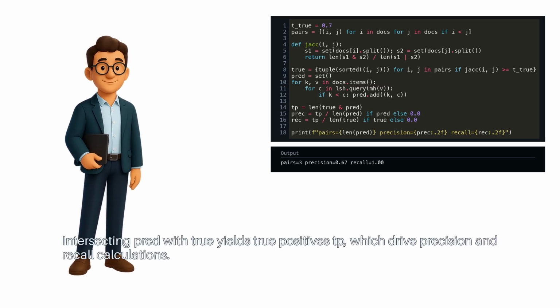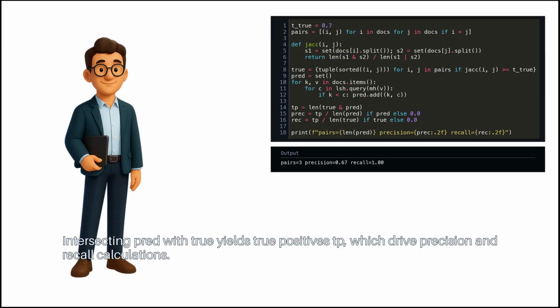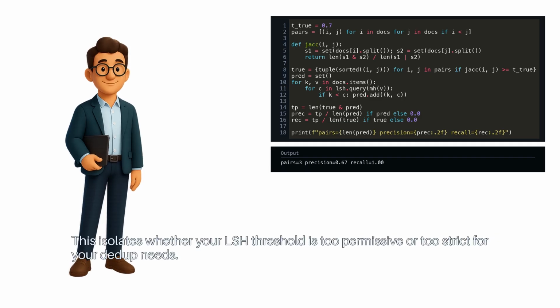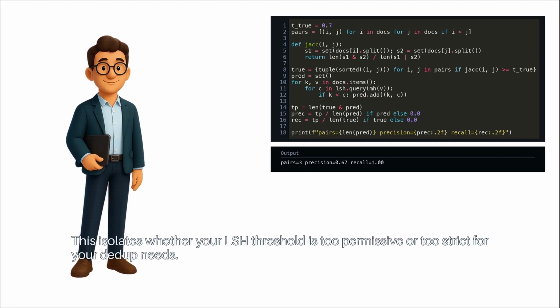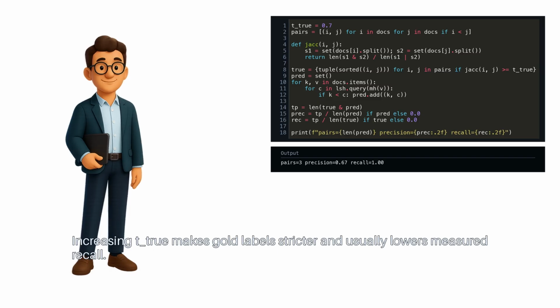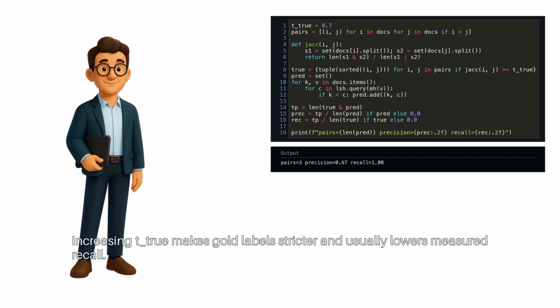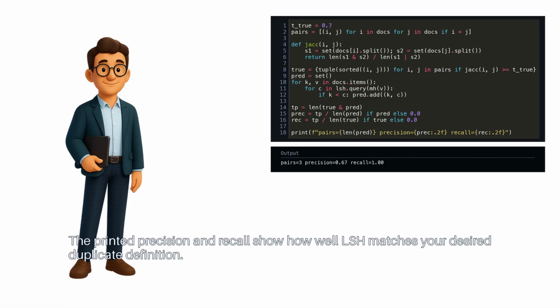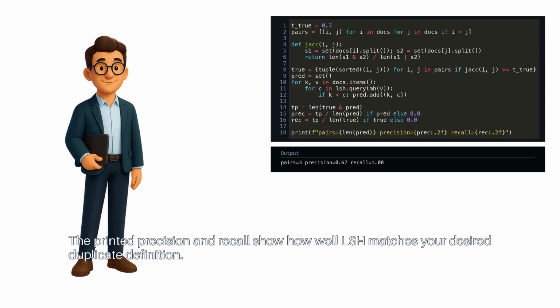Intersecting pred with true yields true positives, TP, which drive precision and recall calculations. This isolates whether your LSH threshold is too permissive or too strict for your dedup needs. Increasing t_true makes gold labels stricter and usually lowers measured recall. The printed precision and recall show how well LSH matches your desired duplicate definition.